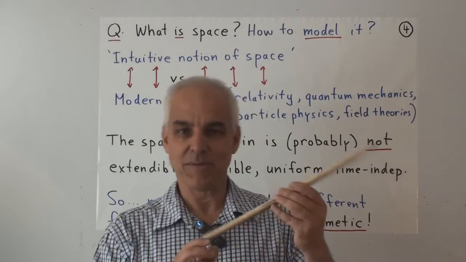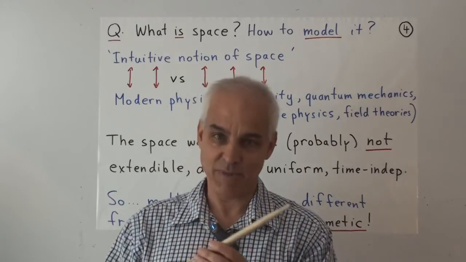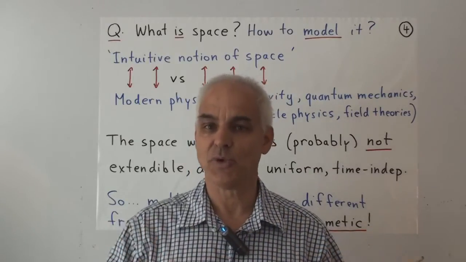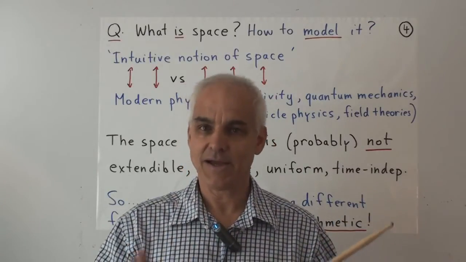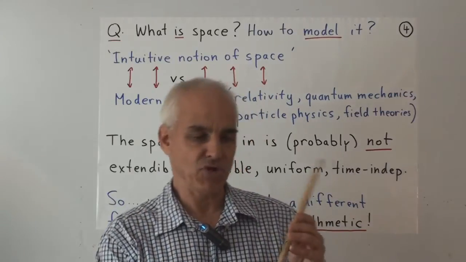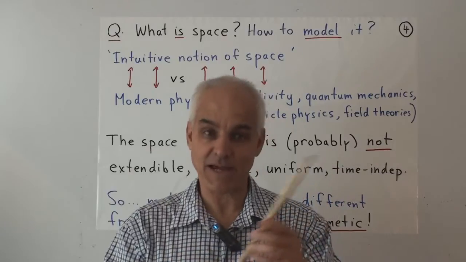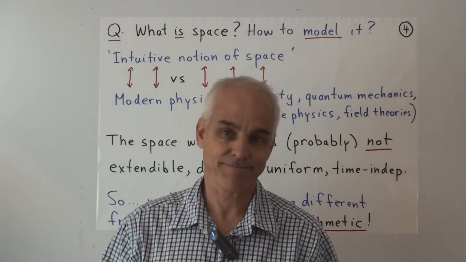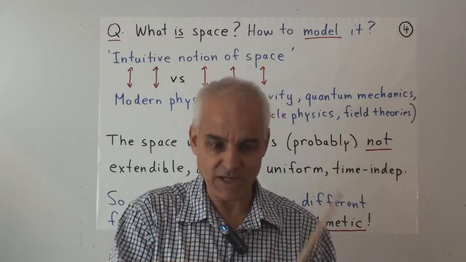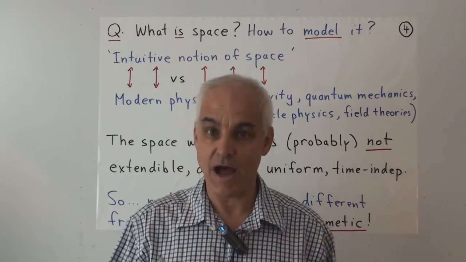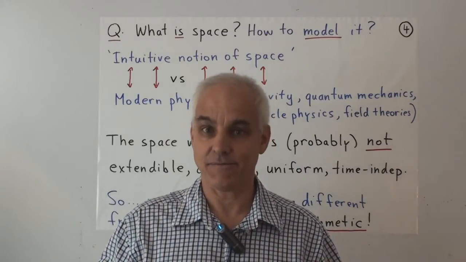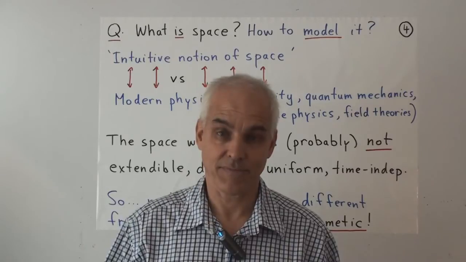What we can do is we can manipulate objects in space, and a lot of our intuition about what space is comes about by observing how things in space move around. The actual nature of space, when you take objects out of it, is very hard for us to figure out.